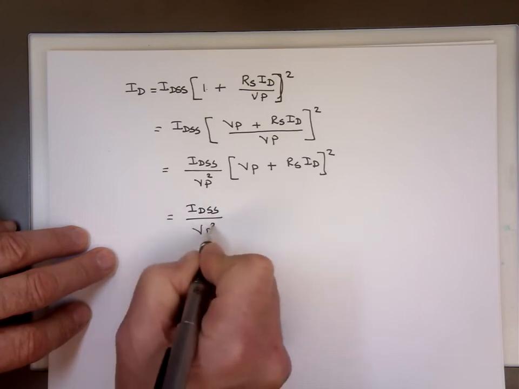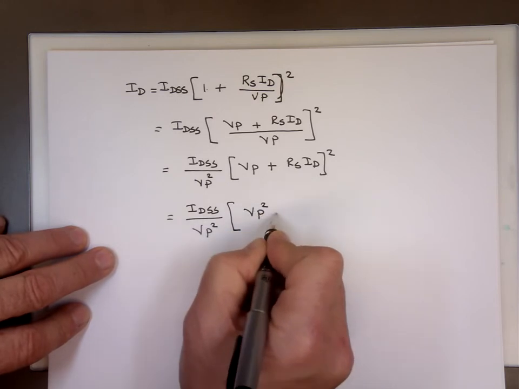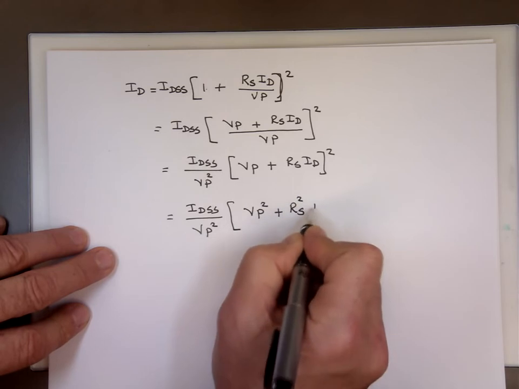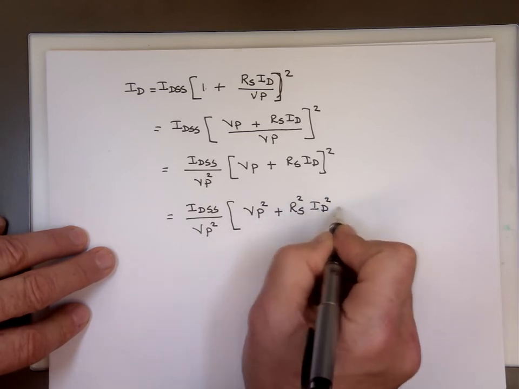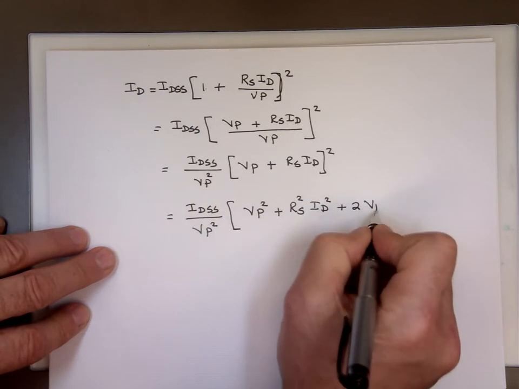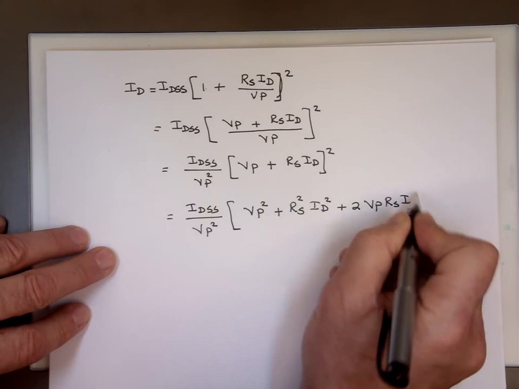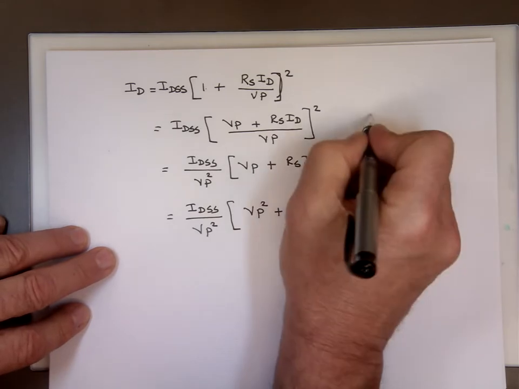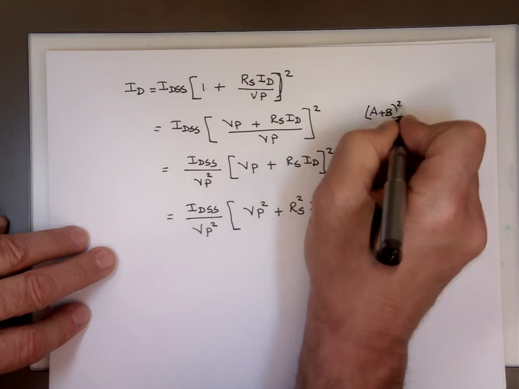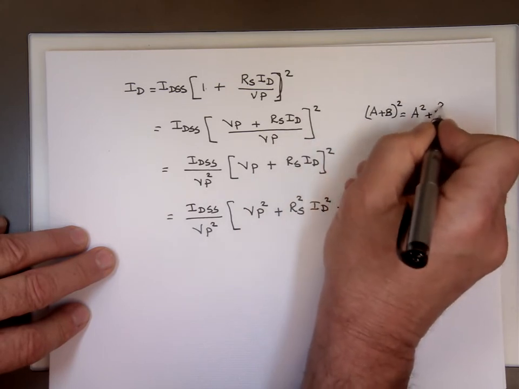And that becomes VP squared plus R sub S squared I sub D squared plus 2 times VP RS ID. The FOIL, that's A plus B squared. What I used is this rule: it's A squared plus B squared plus 2AB.